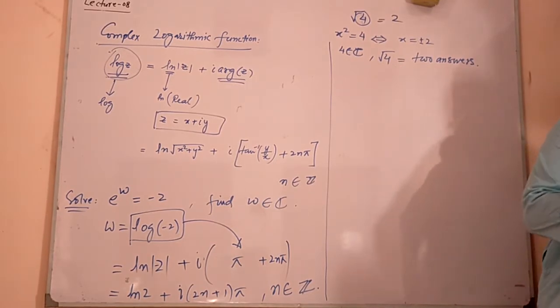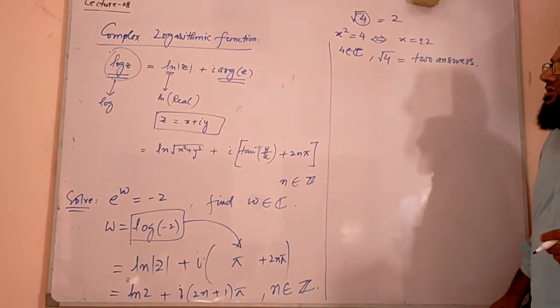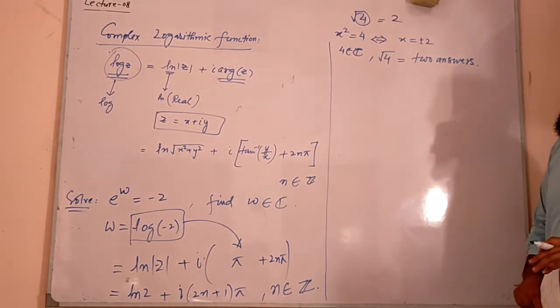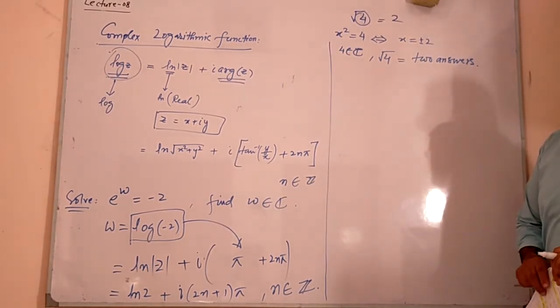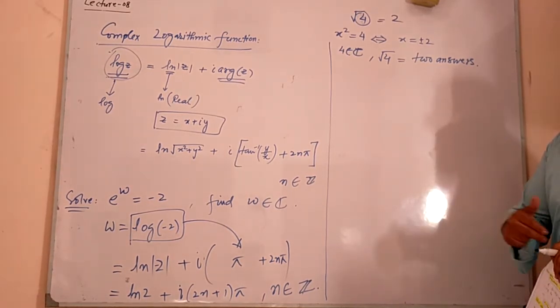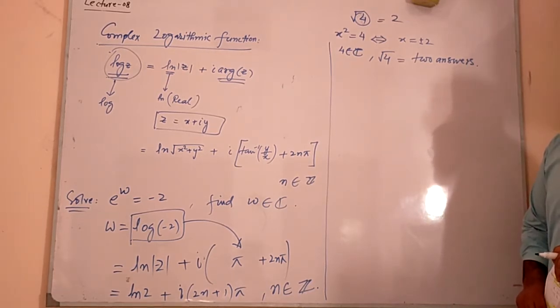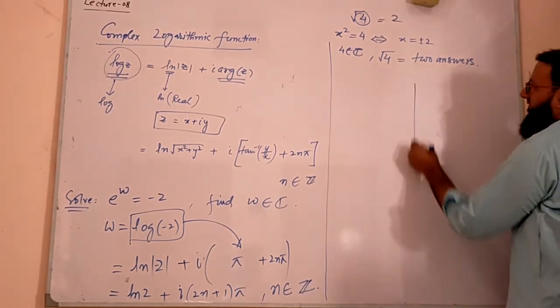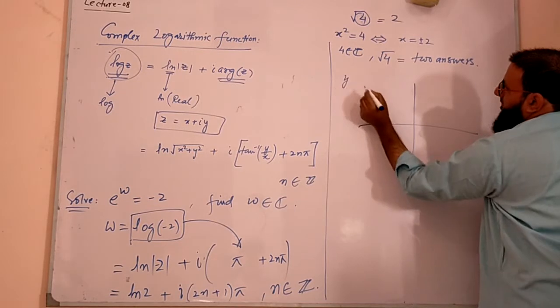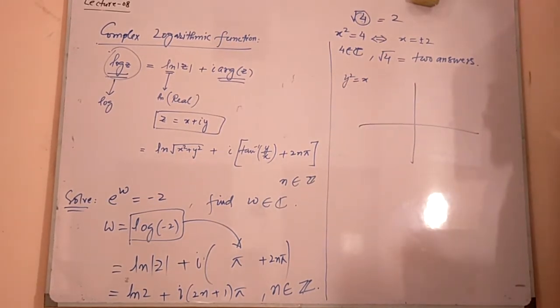So the principal value of log z makes the logarithmic function get a unique answer, so that we can find the inverse of that function easily. So if a function is multivalued, you cannot find its inverse. You know very well. For example, I have a relation, let's say y square is equal to x.